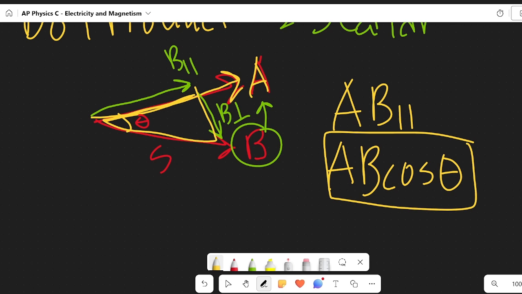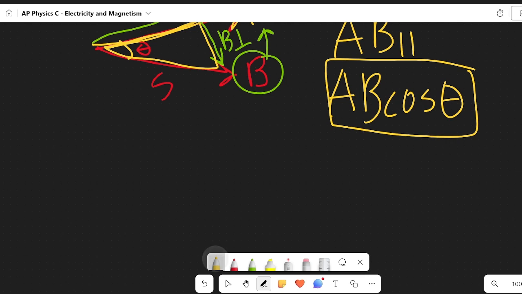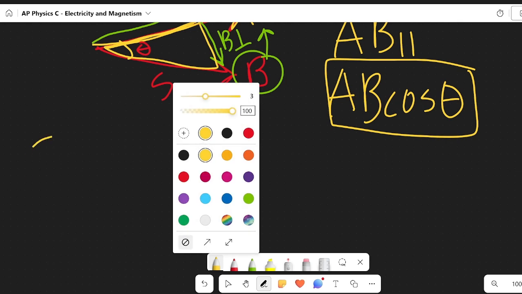Of course, we can do this in reverse as well, which in this case will be BA cosine theta. But essentially, write this down, memorize it. This will be pretty helpful later. Although it might not have as many uses as, for example, a cross product, there are still plenty of uses for this dot product. So write it down, memorize it.